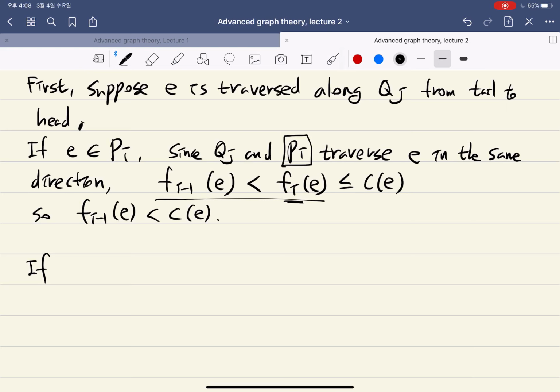And the other case is that e is in pi plus l, but not pi. Then what do we know?